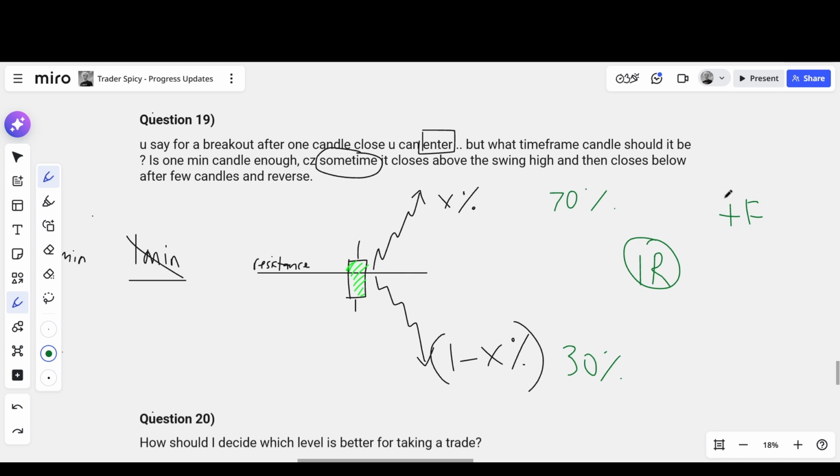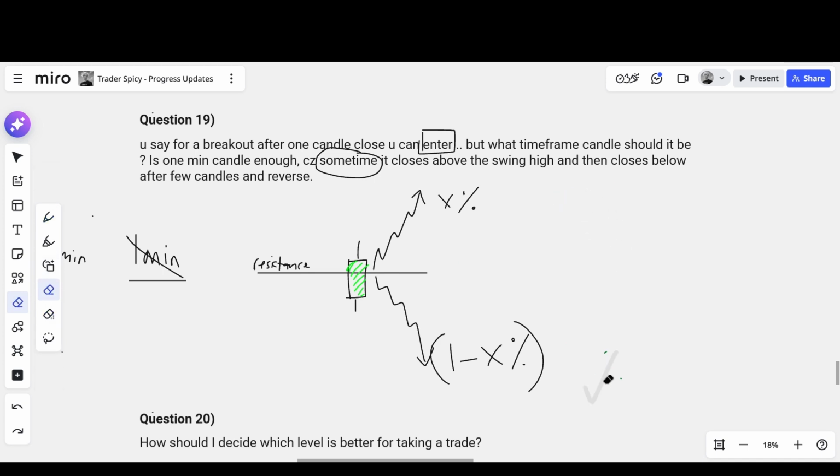So what really matters is what is the actual probability of this moving to the upside? Sometimes isn't good enough. We want to attach a number to this. And remember, if you're running a 1R strategy, you don't actually need this number to be that high. So to break even, if you're going for 1% moves, let's say every single one of your trades is a 1%.